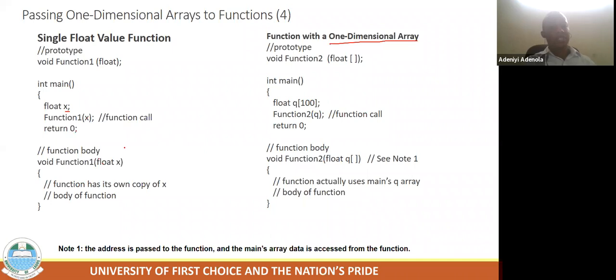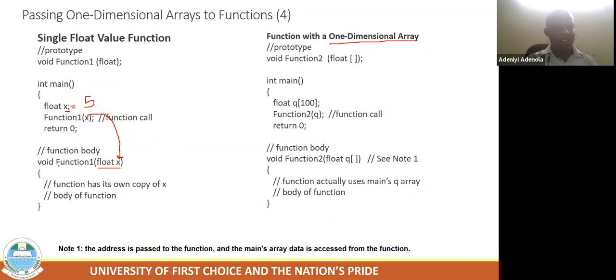So you can see that in this function header line, this float x is a variable that belongs to this function. Whatever you pass to this function will be received by this variable. So if float x has the value of 5, it means you're passing 5 to this function.